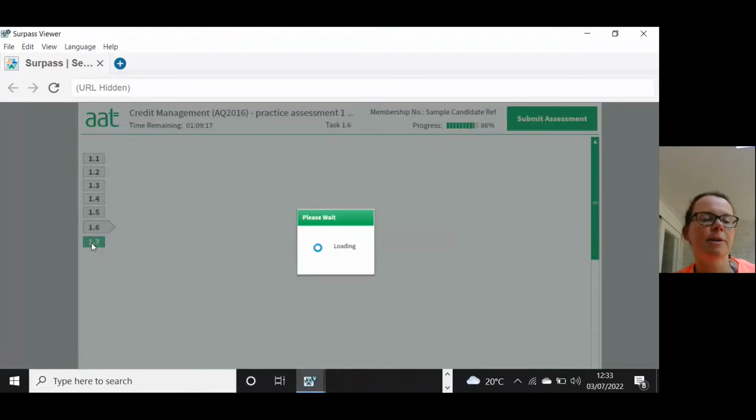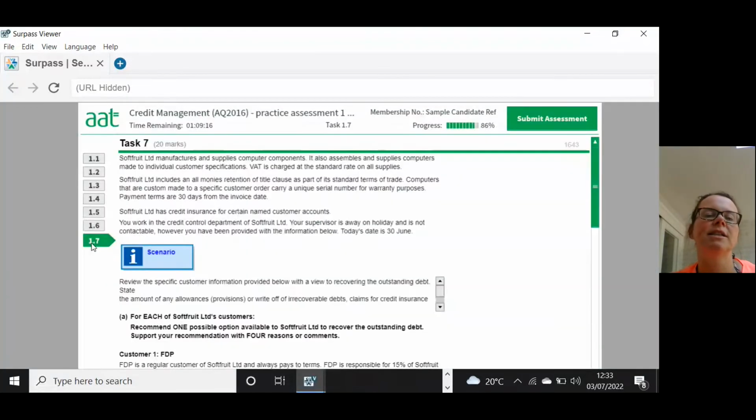And then we come, last but not least, to our final written question. So 20 marks on this one. This question is all about what do you do when someone isn't paying you? So Soft Fruit Limited manufactures and supplies computer components. It also assembles and supplies computers made to individual customer specifications.